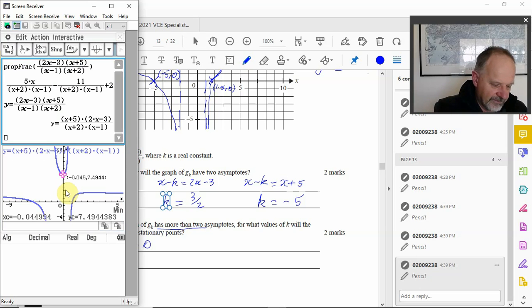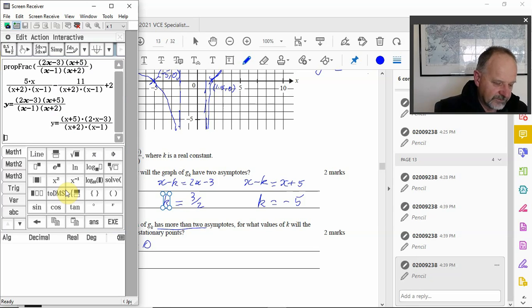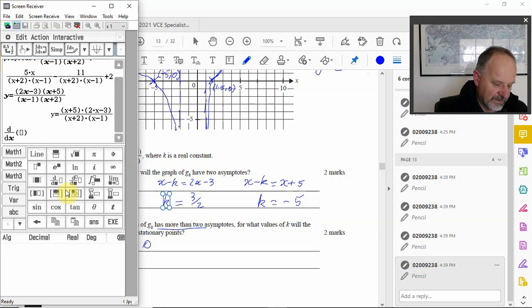Get rid of the graph. There we go. All right, so what do we need to do? We need to do this. We need to go, okay, so I want the derivative of, and let's see if that's still in there.